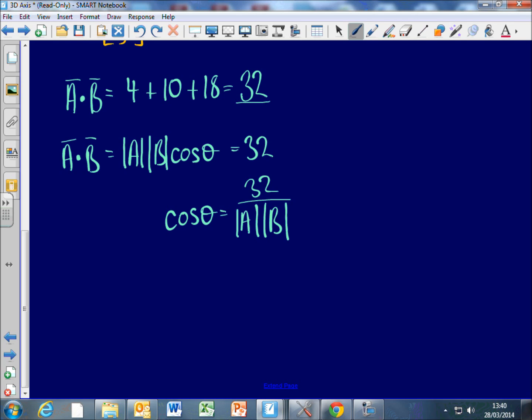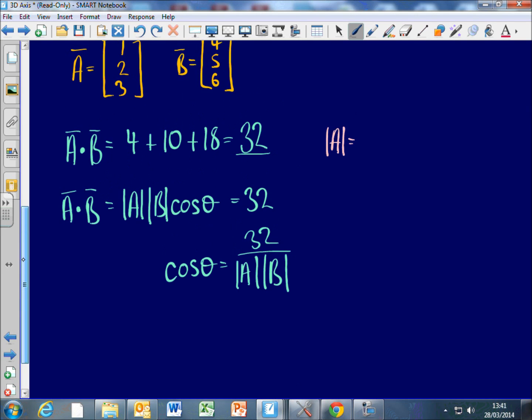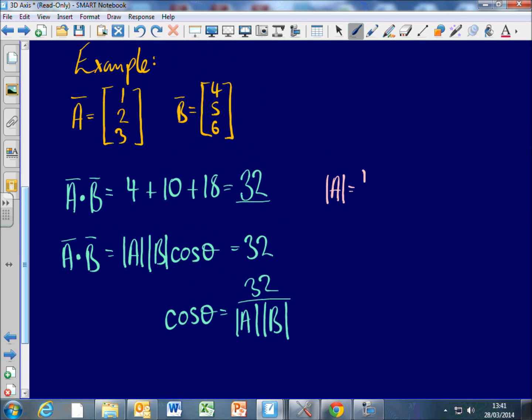So, let's have a look. Let's do it over here. Magnitude of A. Let's go back up and have a look at what A is. The magnitude of A then is 1 squared plus 2 squared plus 3 squared, which is, let's have a look, 1 plus 4 plus 9, is that 14? Yeah. So that's going to be root 14.